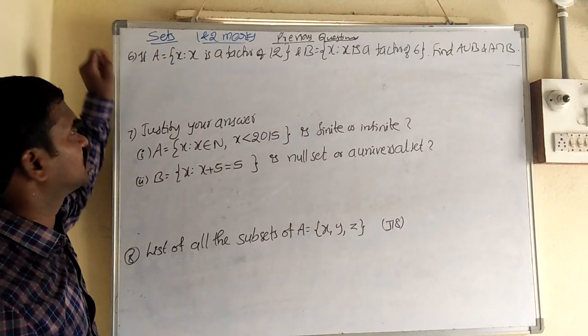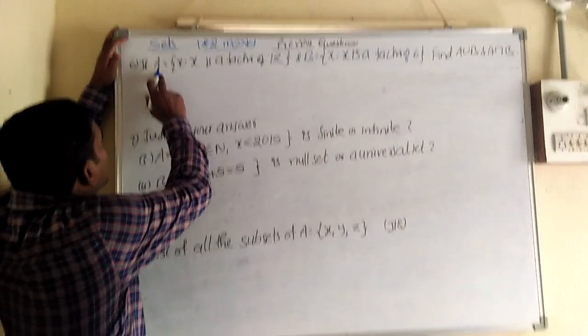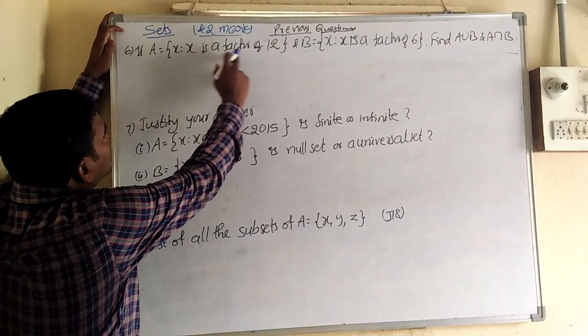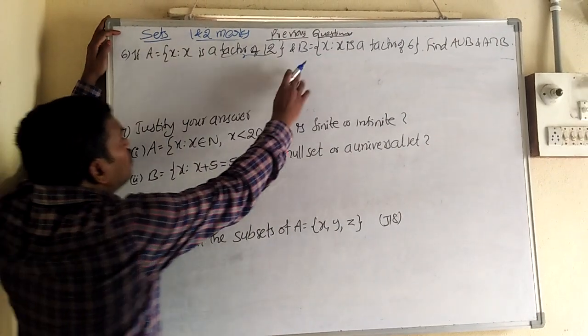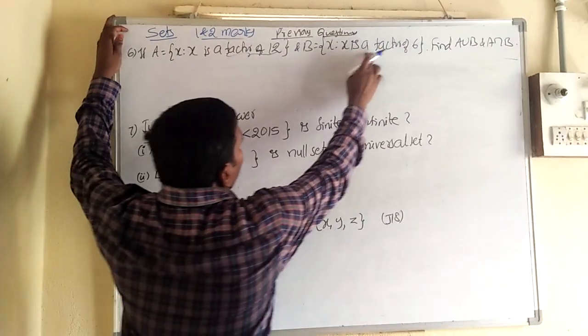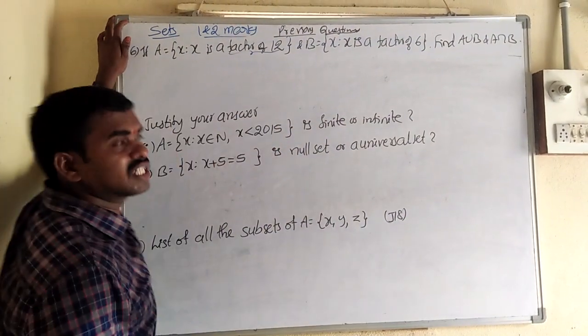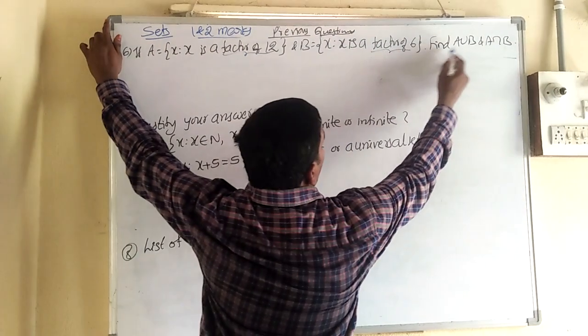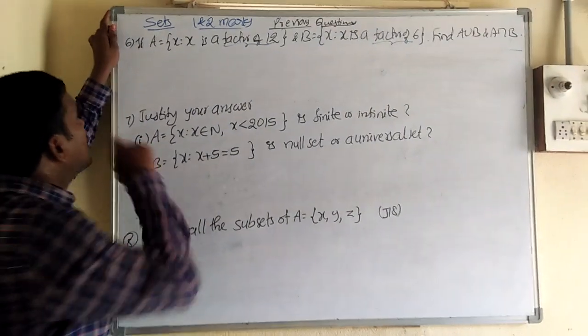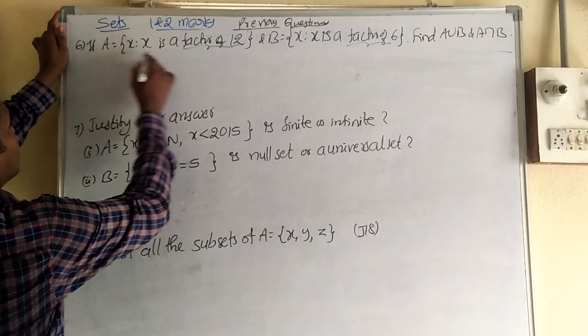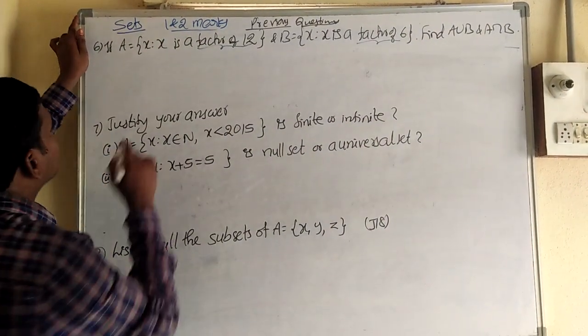Next, sixth question. If A equals the set of x such that x is a factor of 12, and B equals x such that x is a factor of 6, find A union B and A intersection B. This is also like the previous question. Set A is given as x such that x is a factor of 12.